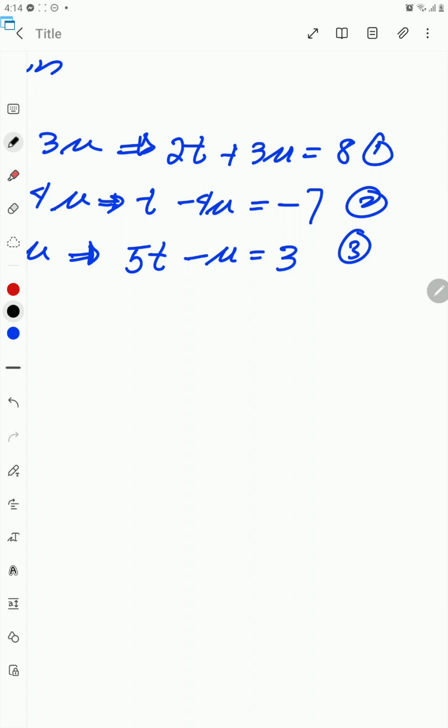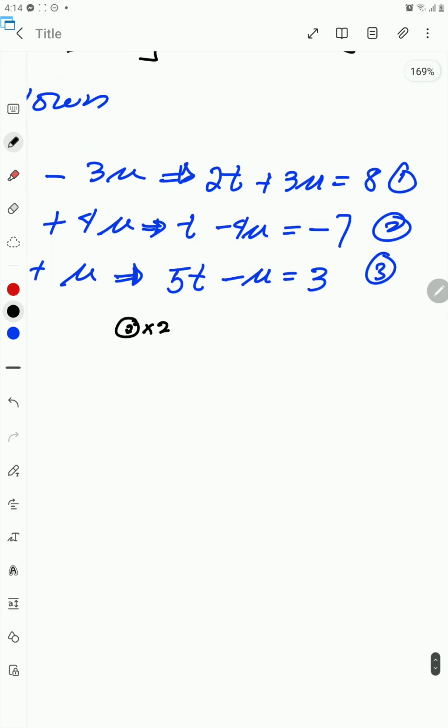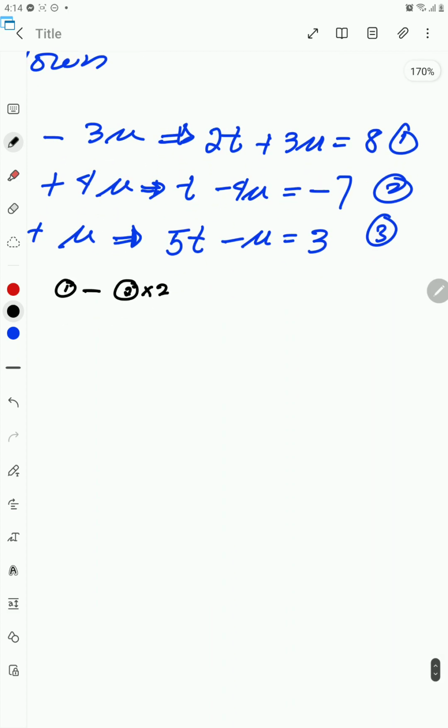Let's multiply equation 2 by 2, and then take equation 1 minus 2 times equation 2. So equation 1 is 2t plus 3 mu is equal to 8. Equation 2 multiplied by 2 gives 2t minus 8 mu is equal to negative 14.